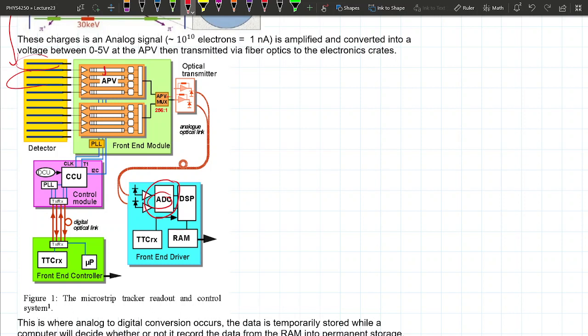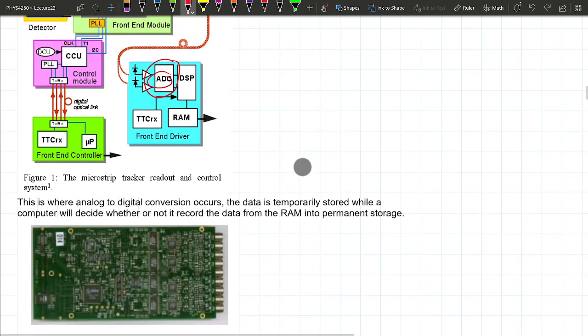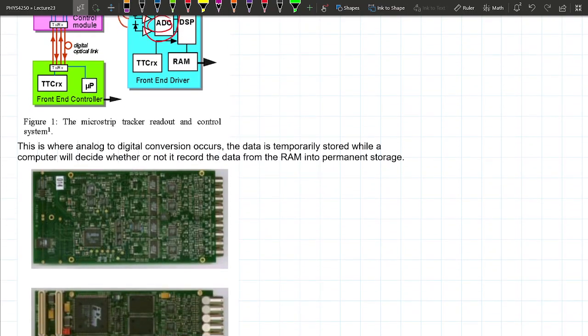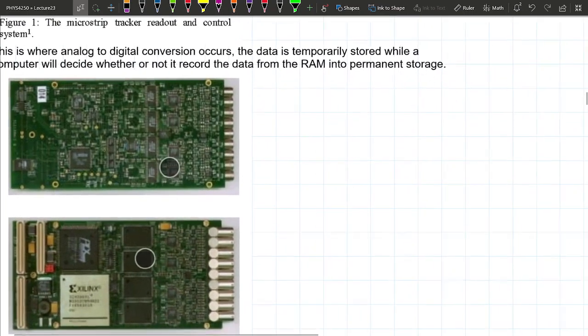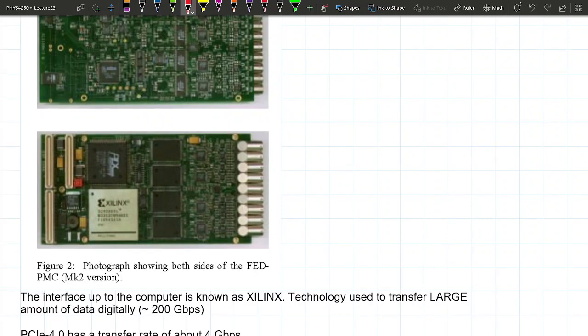The problem is that these ADCs are going to be big, because you need them to be very fast. I'm going to show you what these boards look like. So on these ADC boards, you can even see the name here, Xilinx. Xilinx got bought by AMD, which uses Verilog, so that's why.